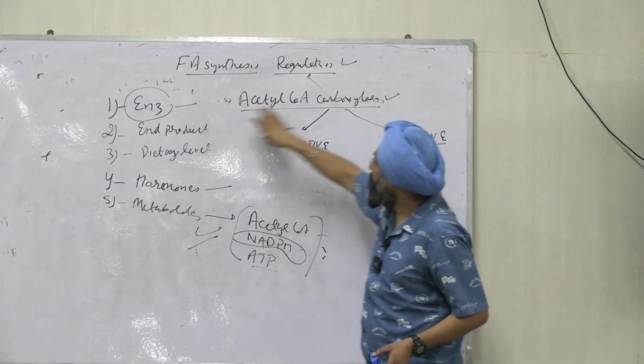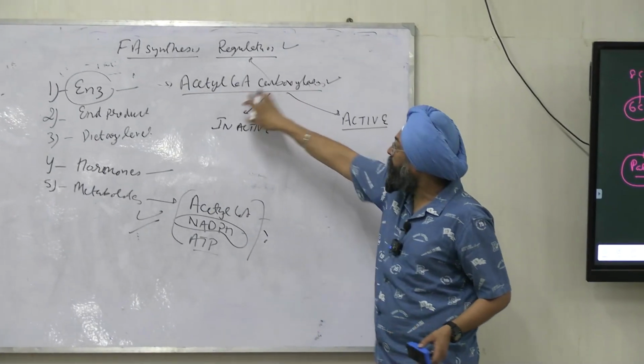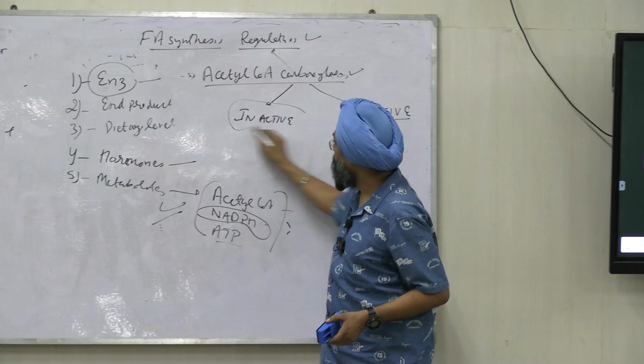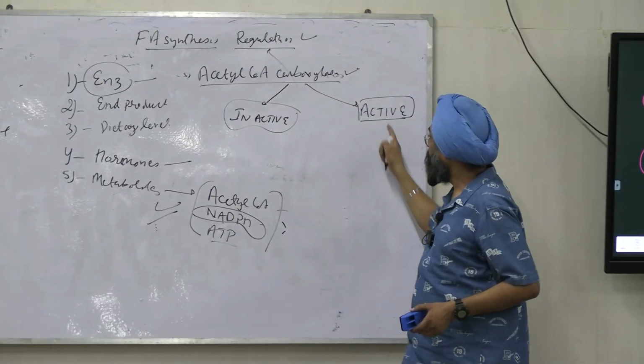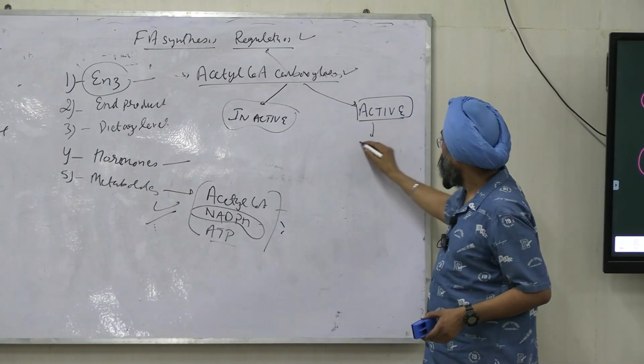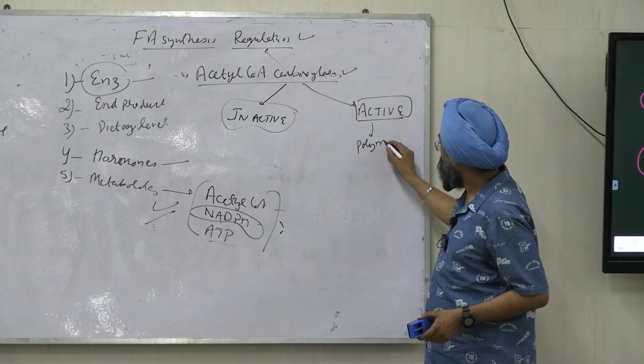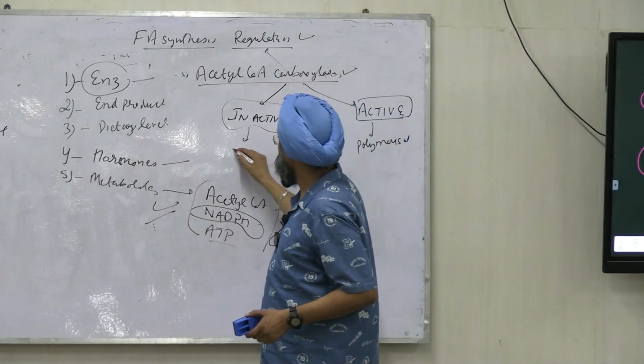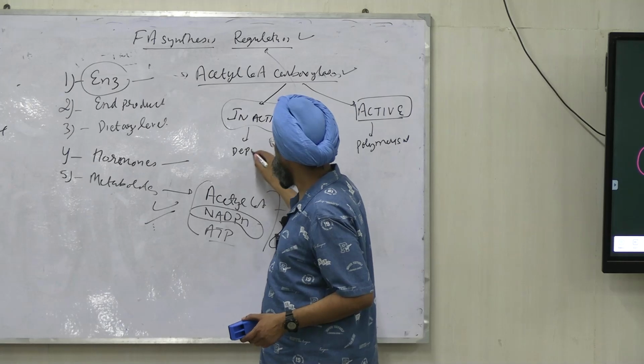The first enzyme regulator is acetyl CoA carboxylase. It exists in two forms, one inactive and the other active. The active form favors polymerization, and the inactive form favors depolymerization.